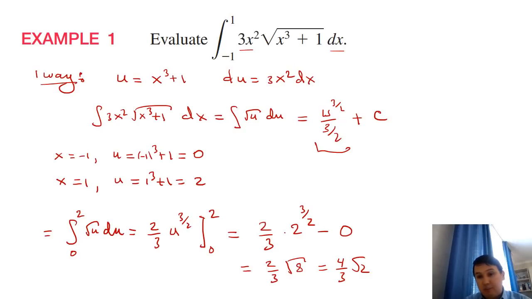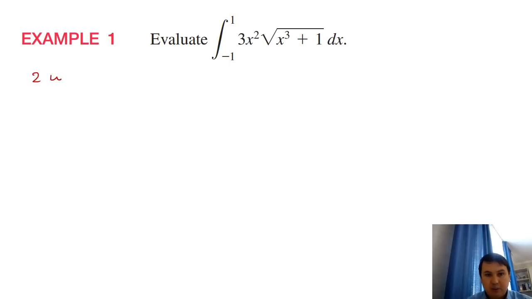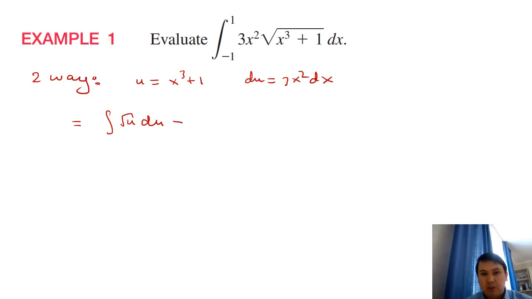Now I will show you another method which is also doable. The first part is more or less the same, but the second part is slightly different. So the second way, we basically do the same substitution. There is no change whatsoever with this substitution. This gives me du equal to 3x squared dx, etc. So at the end, I'll get square root of u du, which gives me u to the 3 over 2 divided by 3 over 2 plus a constant.